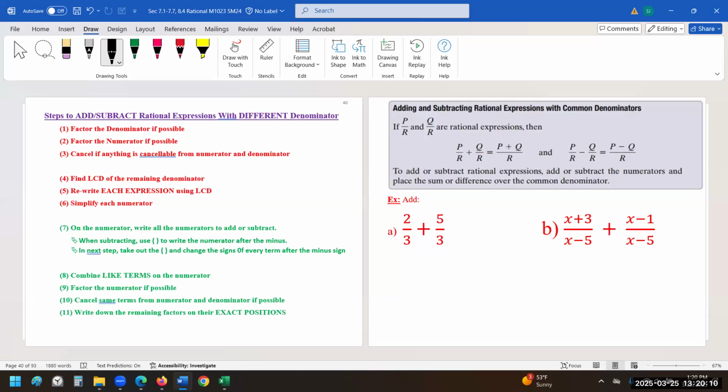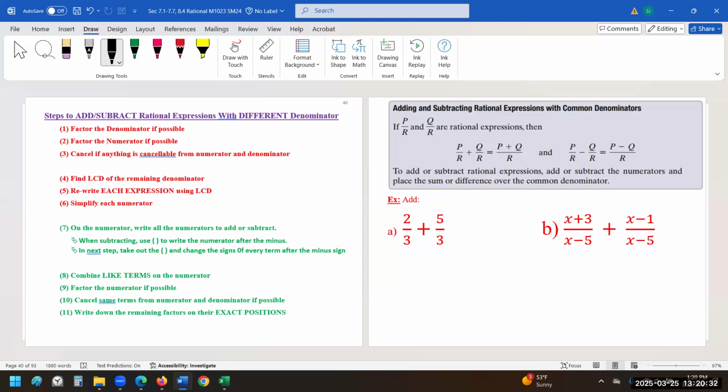The problem comes when you don't have the same denominator. At that time we need the equivalent expression to have the same denominator. And when you have the same denominator, you just add the top and simplify. So here, do you have the same denominator? Yes.